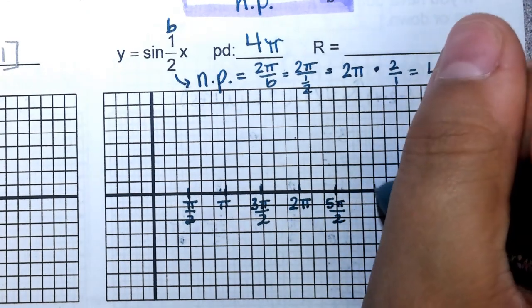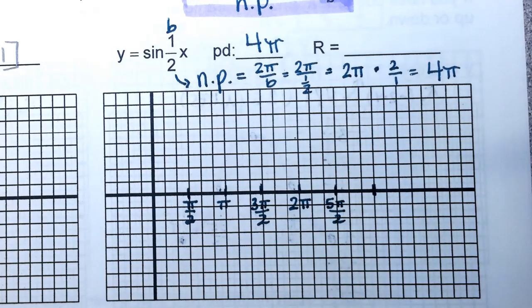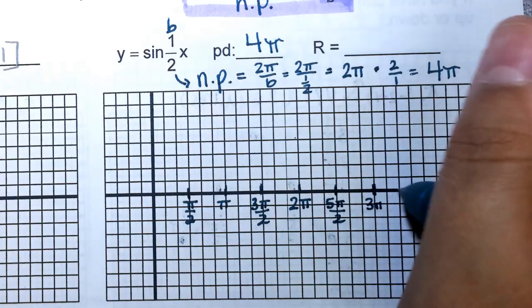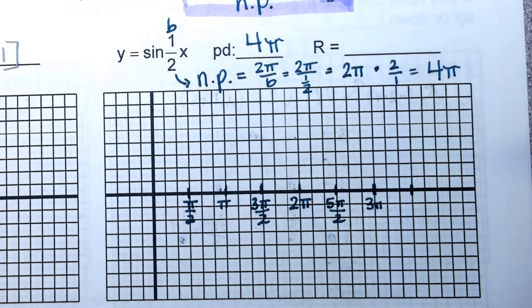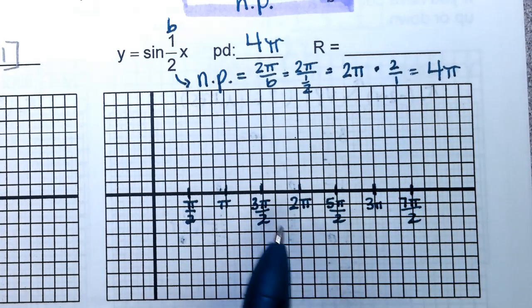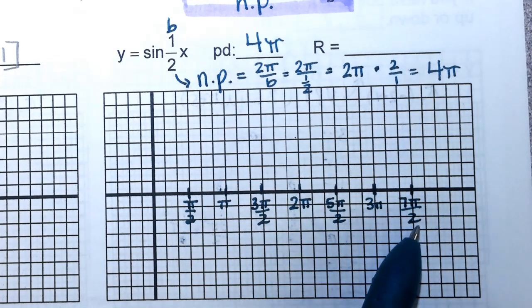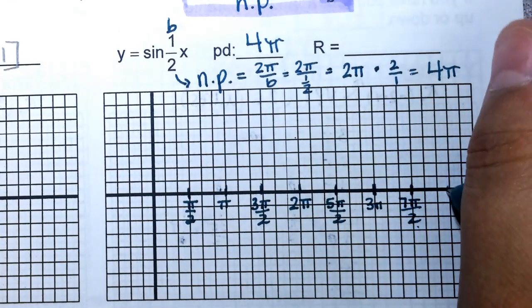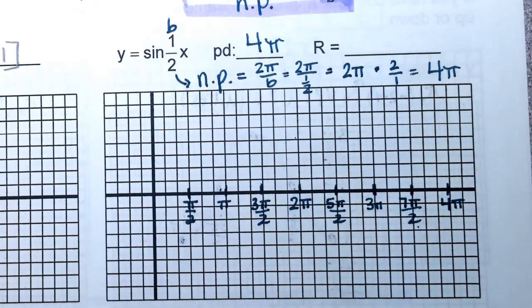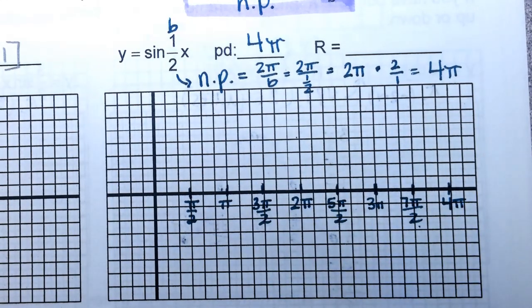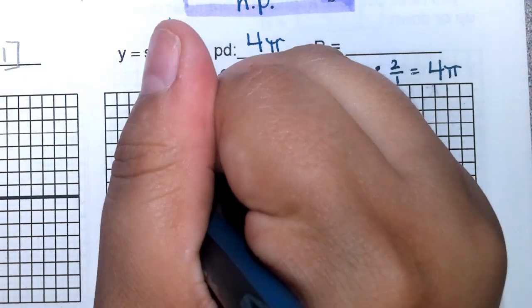And then 1, 2, 3, what comes next? 3 pi. 1, 2, 3, what comes next? 7 pi over 2. Do y'all notice a trend with my over 2s? 1, 3, 5, 7. It's your odd numbers. 4 pi. Does that make sense? And then let's do my x-axis or y-axis.